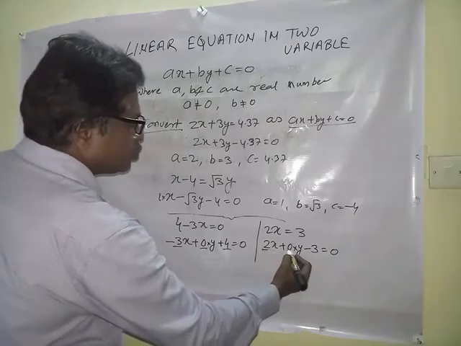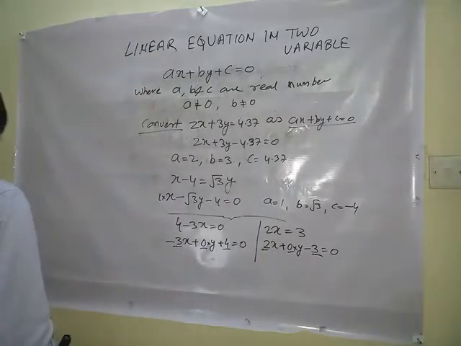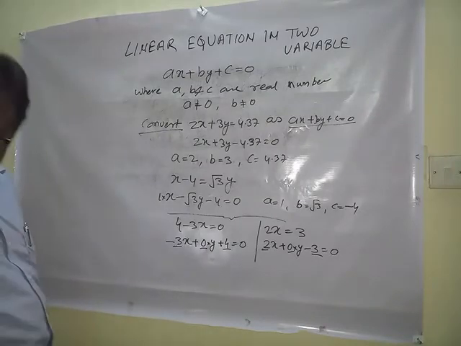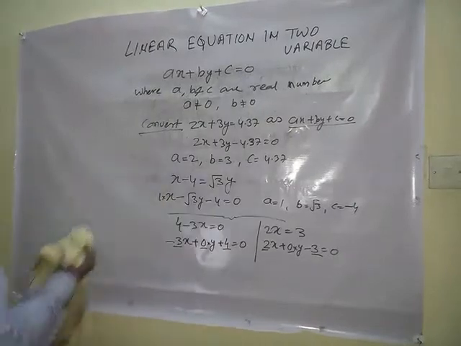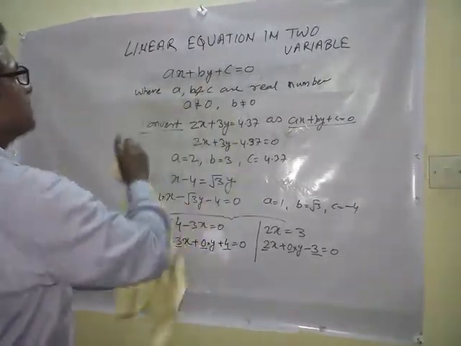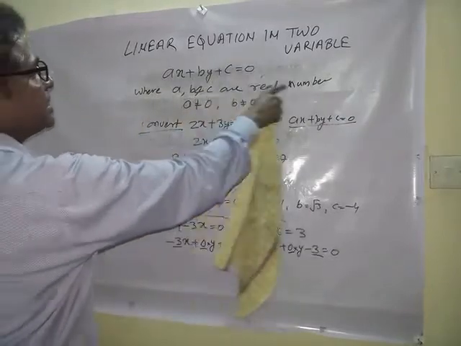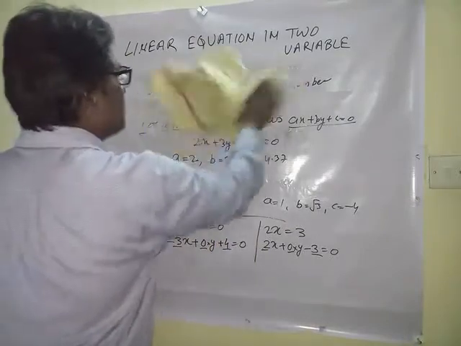So a is equal to 2, b is equal to 0 and c is equal to minus 3. So this is the linear equation in two variables. Remember this: ax plus by plus c, where a, b and c are real numbers and a is not equal to 0 and b is not equal to 0.